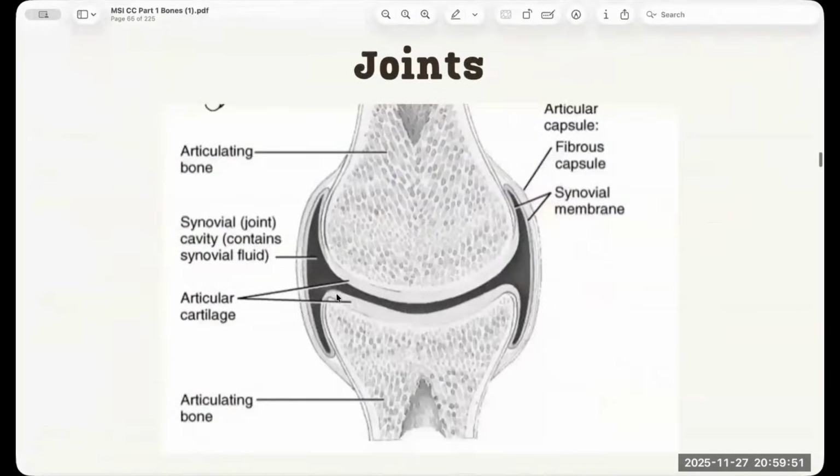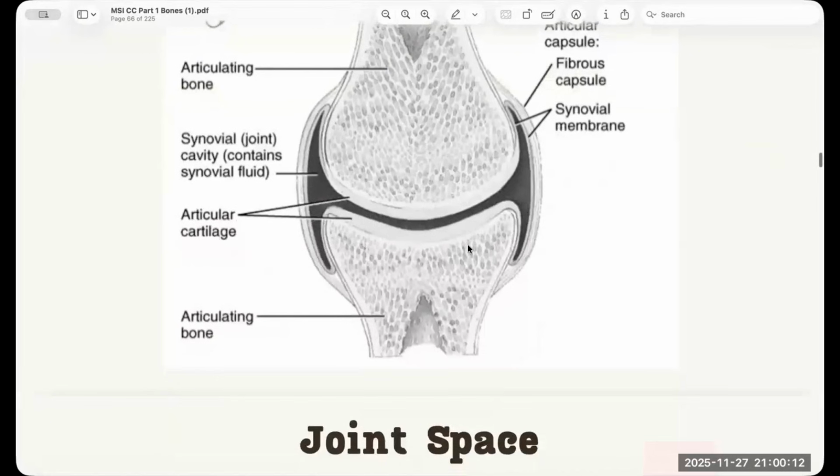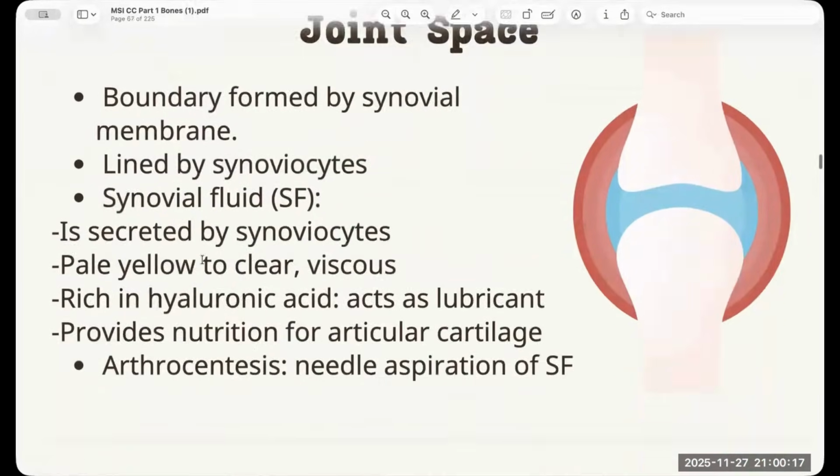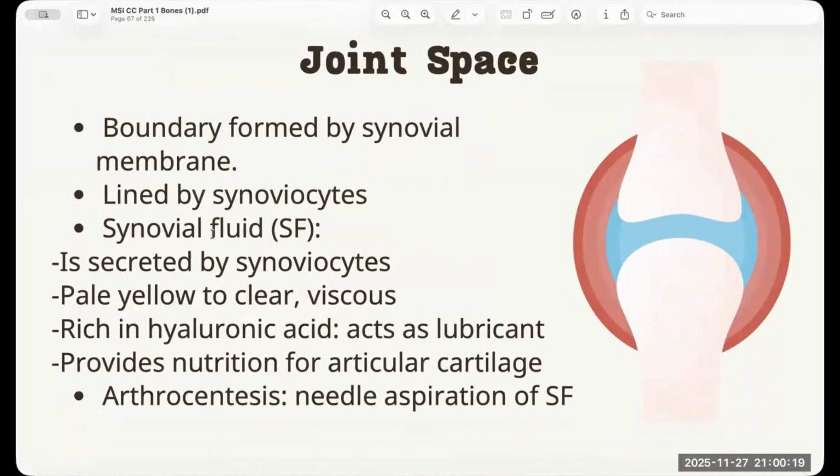All right, this is the basic anatomy of a joint. You will find the two articulating bones with their articulating cartilage. Then the synovial cavity containing the synovial fluid. It's encapsulated first by a synovial membrane and then a fibrous capsule. Now, what is super important about this joint space is that it contains the synovial fluid.